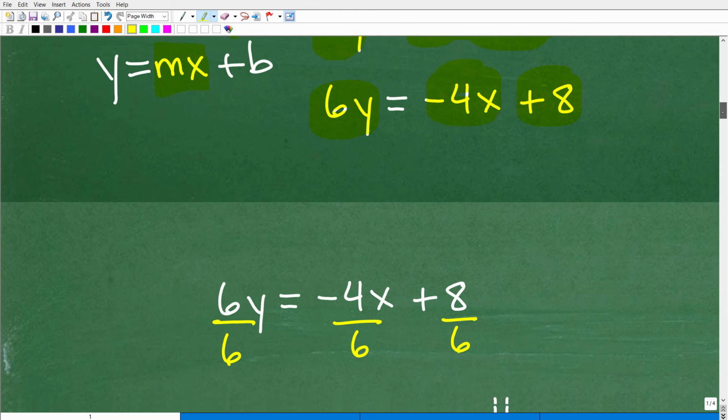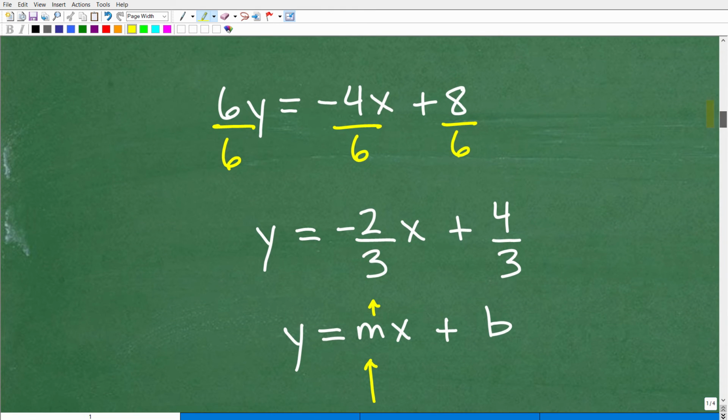We're almost there. To solve for y, I simply need to divide all the terms of the equation by 6. So this would be 6 here, and a 6 there. When I divide everything by 6, I get y is equal to negative 4 over 6 x plus 8 over 6.